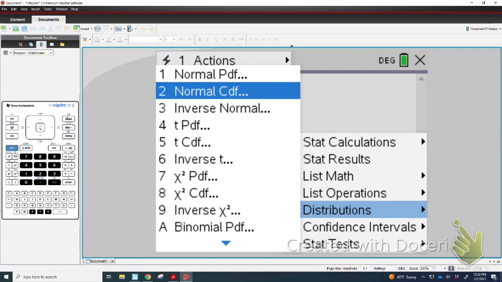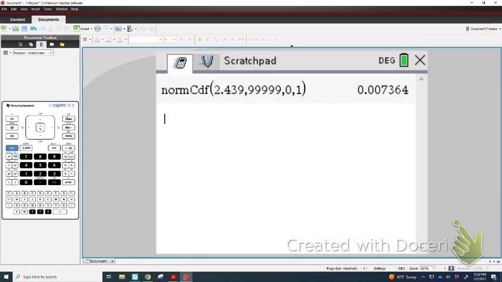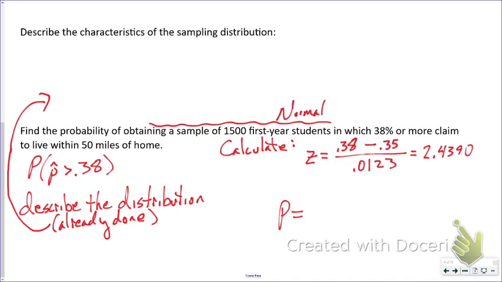So normal CDF, 2.4390, a bunch of 9s, and OK. 0.0074. Ooh, 0.007 if we round to the third place. And that's it.